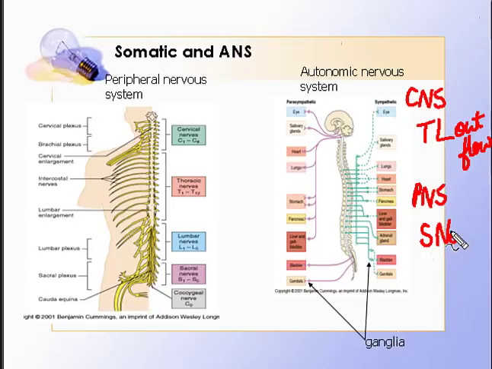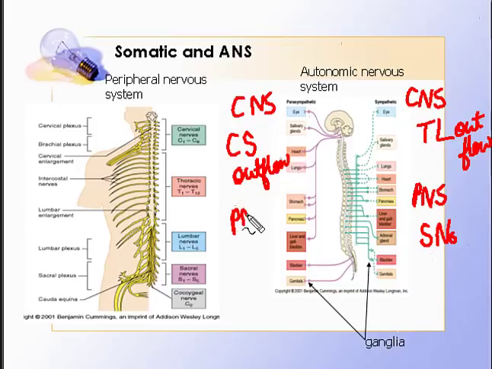The parasympathetic part, its central nervous system, we can call it the craniosacral outflow. Cranio for brain, sacral for the sacral 2, 3, 4 segments, and its peripheral component is through 4 cranial nerves, which I've already mentioned, and the sacral spinal nerves, S2 to 4. So that's the distribution of the parasympathetic and sympathetic.